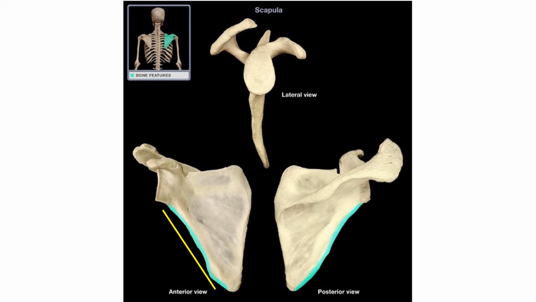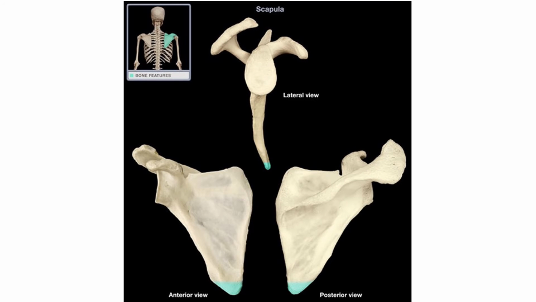This is the lateral border of the scapula, and this is from the posterior view. This is a very simple part of the scapula, being a triangle. Do you know what these green parts marked on the scapula are?